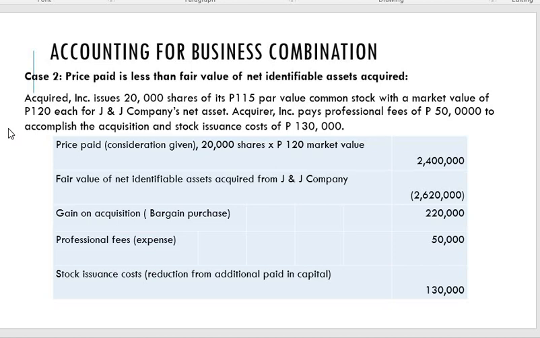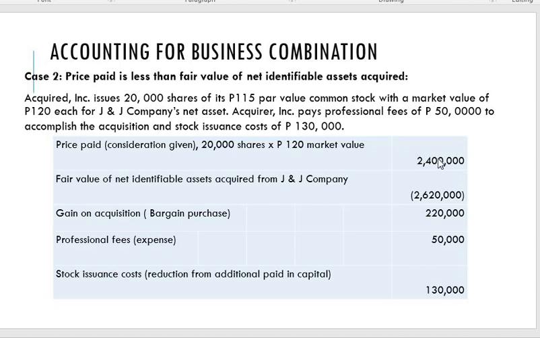Acquirer, Incorporated also paid professional fees amounting to 50,000 and it incurred acquisition and stock issuance costs amounting to 130,000. So first, we'll compute for the gain on acquisition. Our price paid is 20,000 shares times its market value of 120, so we have 2.4 million.